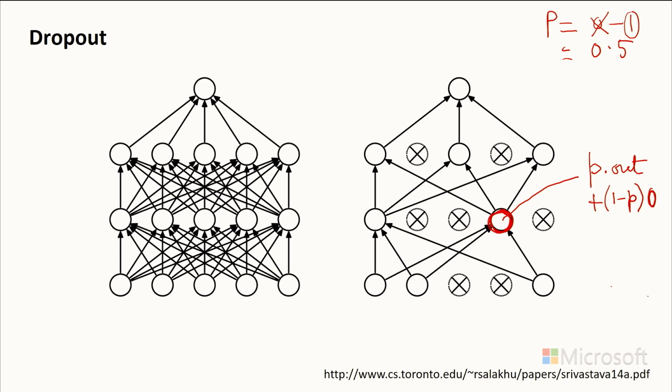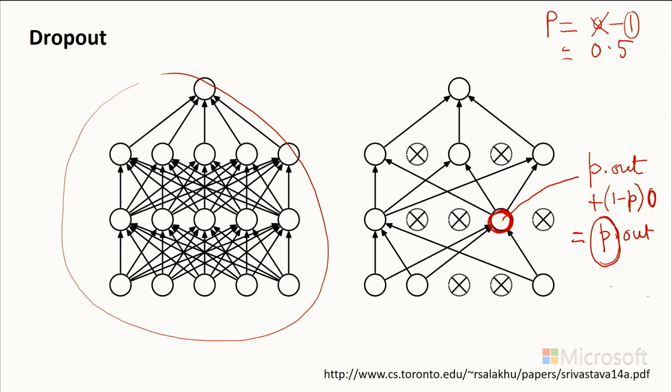So effectively the nodes emit p times the output. Now all the nodes are going to be randomly dropped, and correspondingly the output will be scaled down by a factor of p. So what do we do with a network where you have these fully connected nodes and this one where the output is scaled by p?